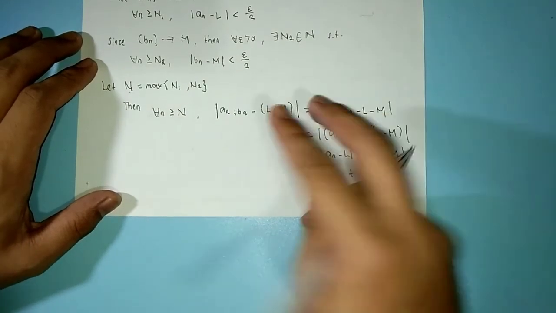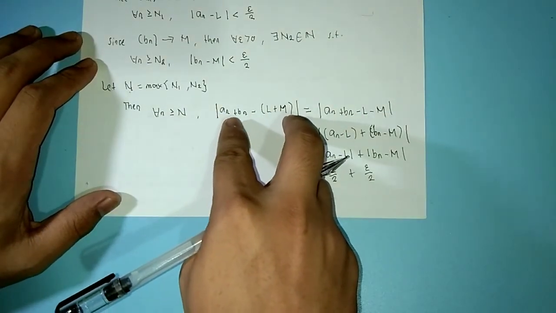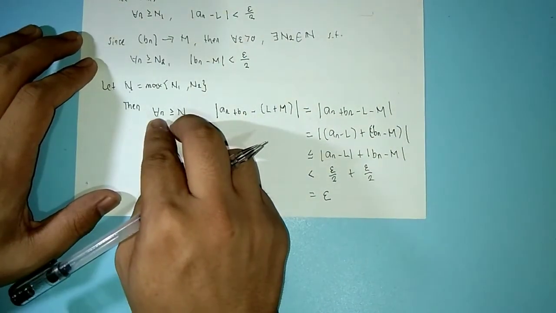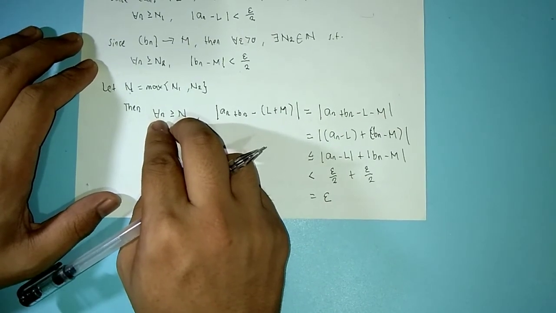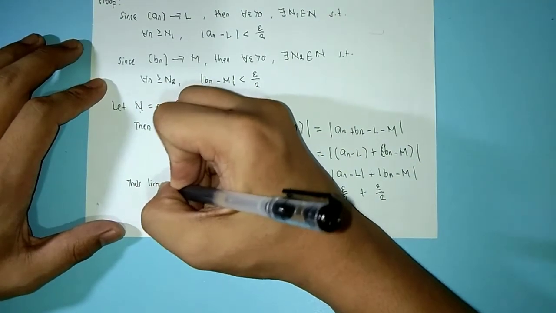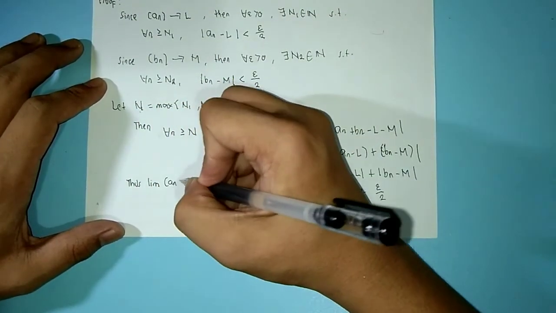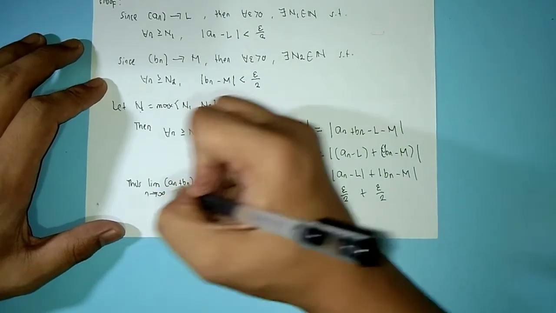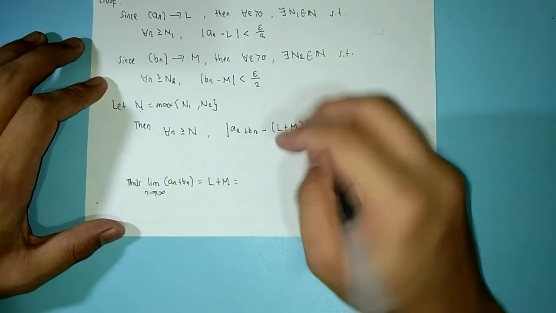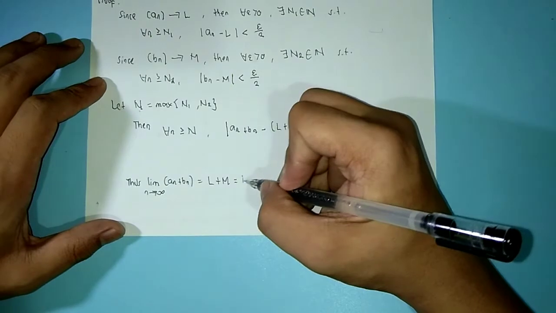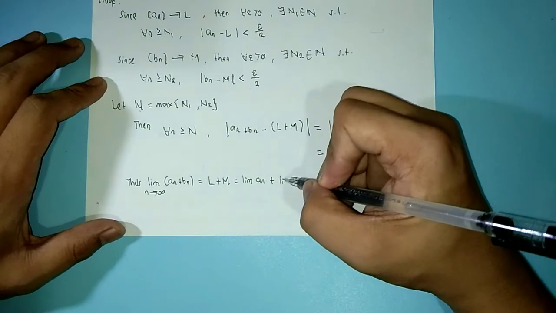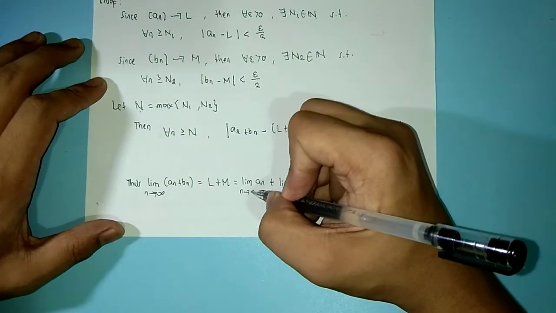And as you can see, absolute value of a sub n plus b sub n minus quantity L plus M is less than epsilon for all n greater than or equal to N. Then, by definition of convergent sequence or limit of a sequence, yung limit ng a sub n plus b sub n as n approaches infinity is equal to L plus M. Which is yung L, yan yung limit ng a sub n, plus yung M, yan yung limit ng b sub n, as n approaches infinity.